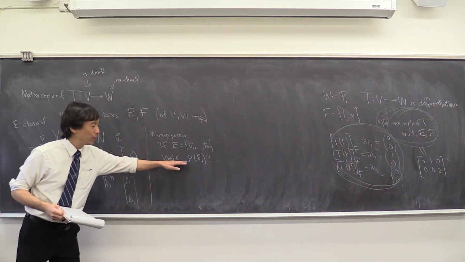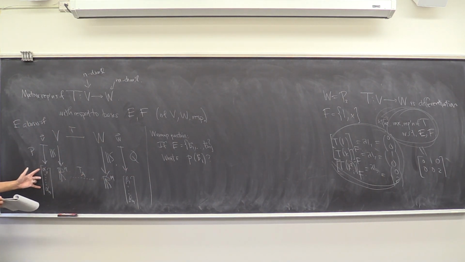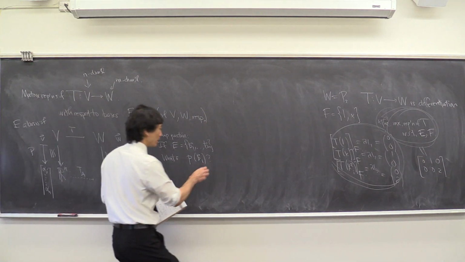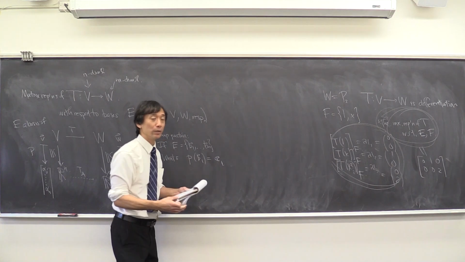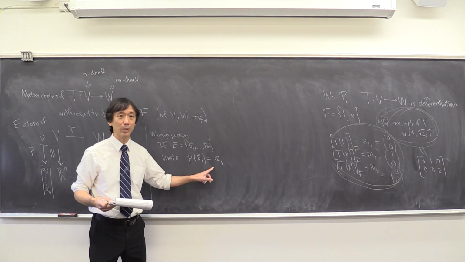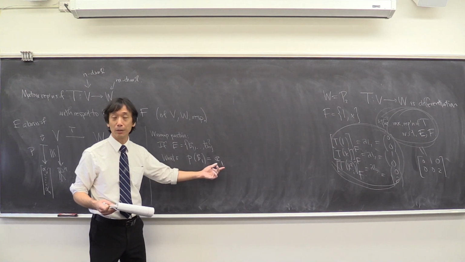P of B1 should be a coordinate vector, so it's going to be a whole vector in R^n: 1, 0, 0, 0, 0, 0, 0. In other words, it's the first standard basis element. What's P of B2? It's going to be the second standard basis element.